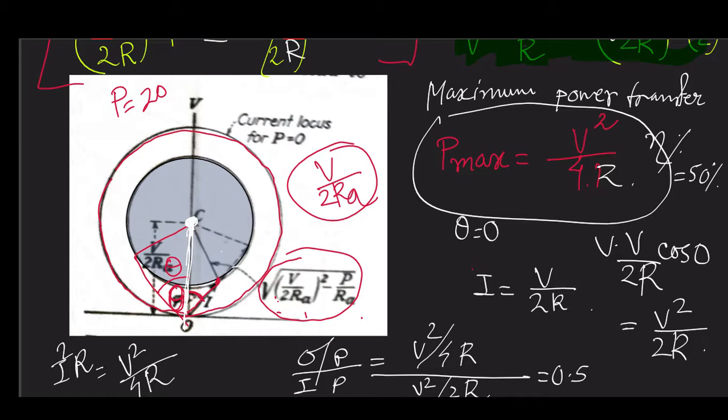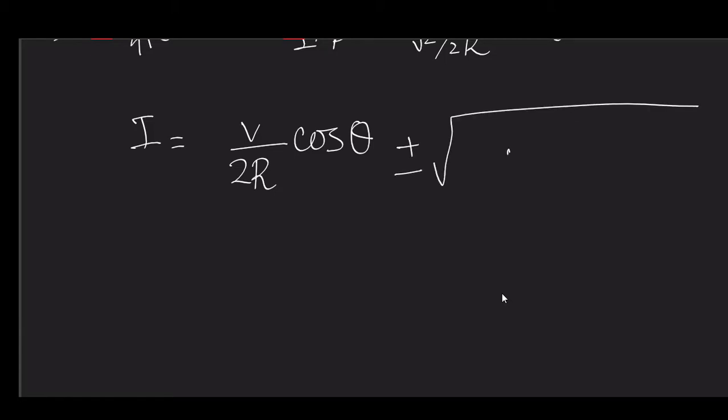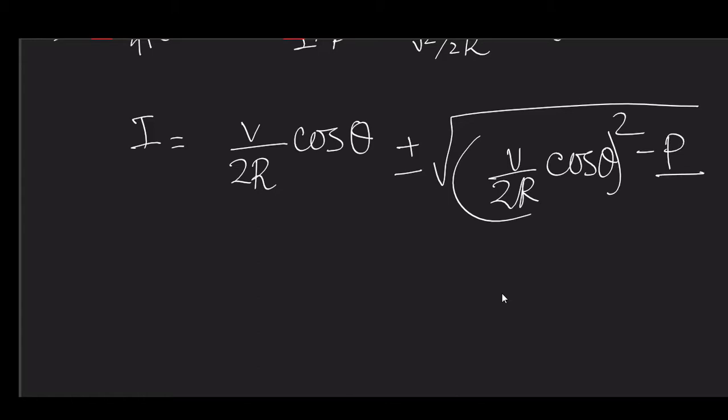One thing that we have not yet done clearly is that for all values of current and power we can write I is equal to P by V R cos theta. So this gives us current for a particular power.